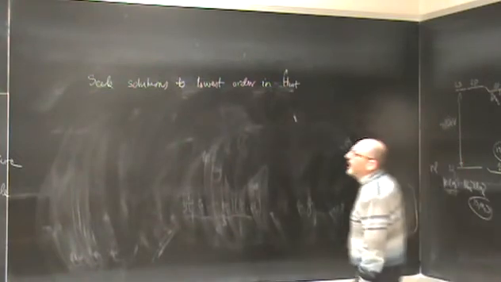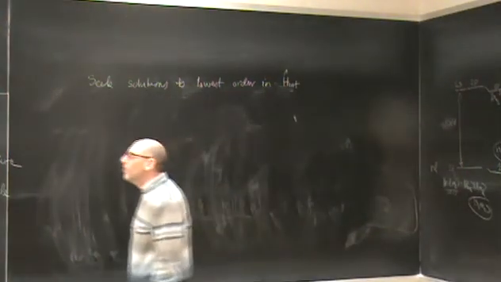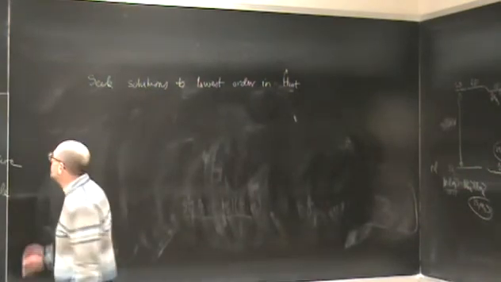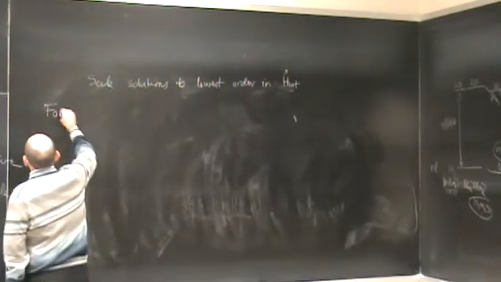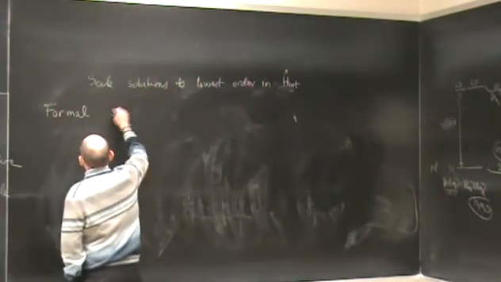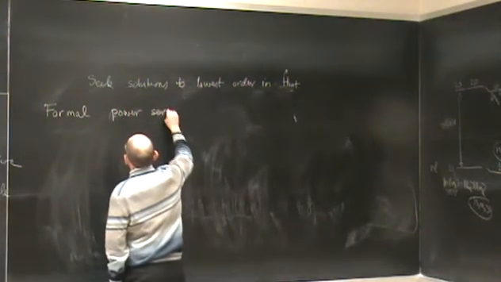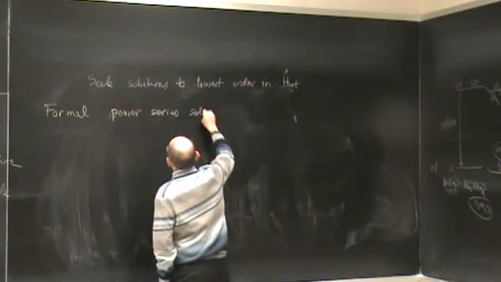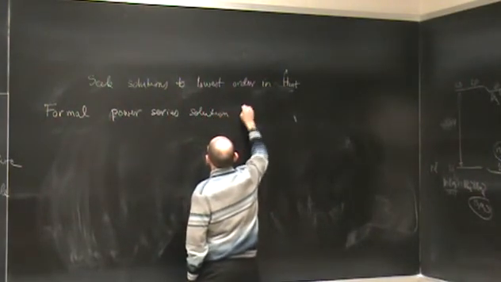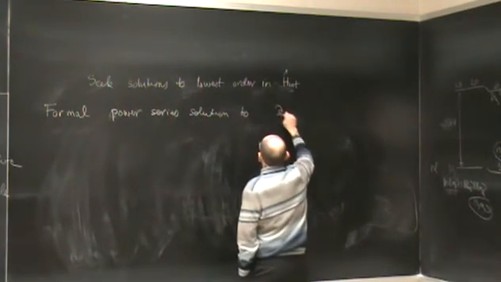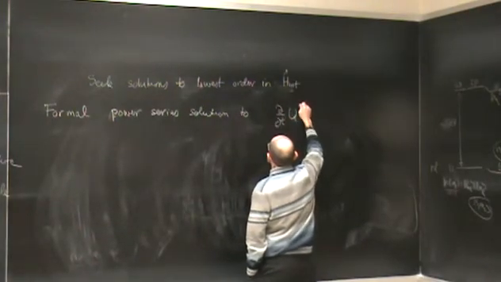So the way we do that is we can write down a formal power series solution to the time evolution operator in the interaction picture.